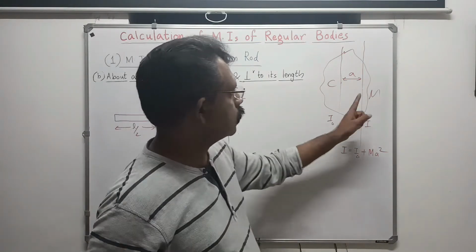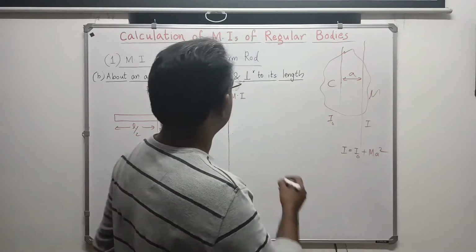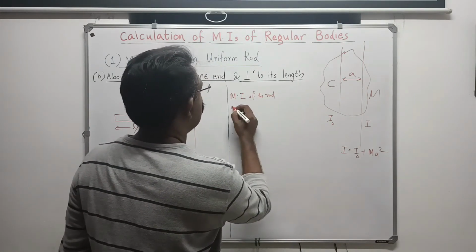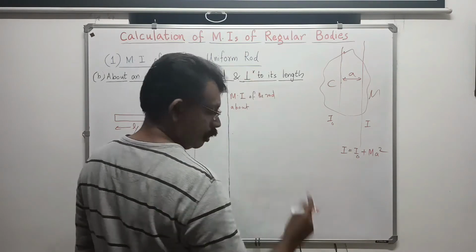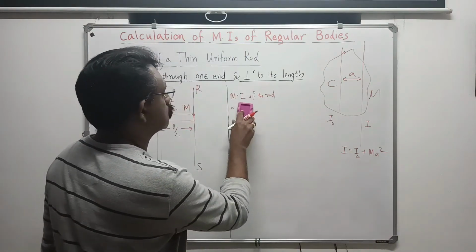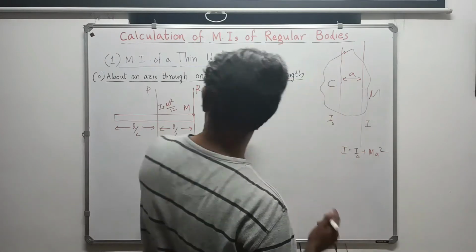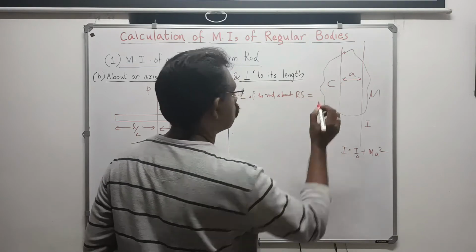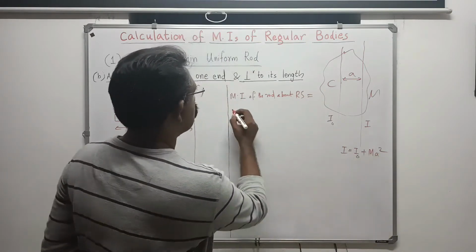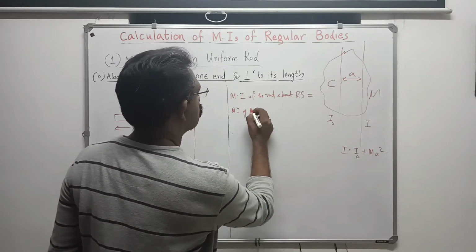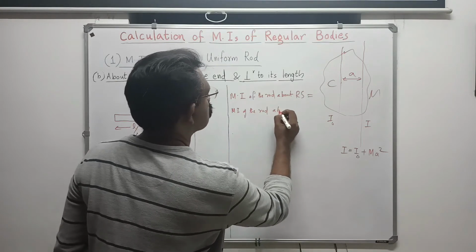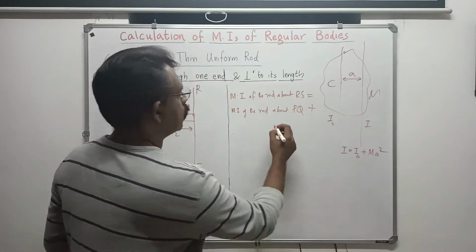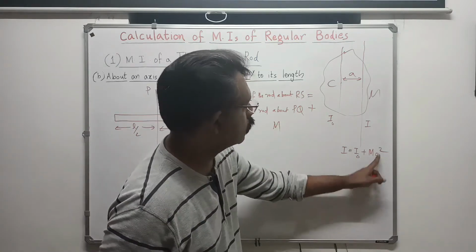Okay, so making use of this parallel axis theorem, moment of inertia of the rod about RS is equal to moment of inertia of the rod about PQ plus M into distance squared.